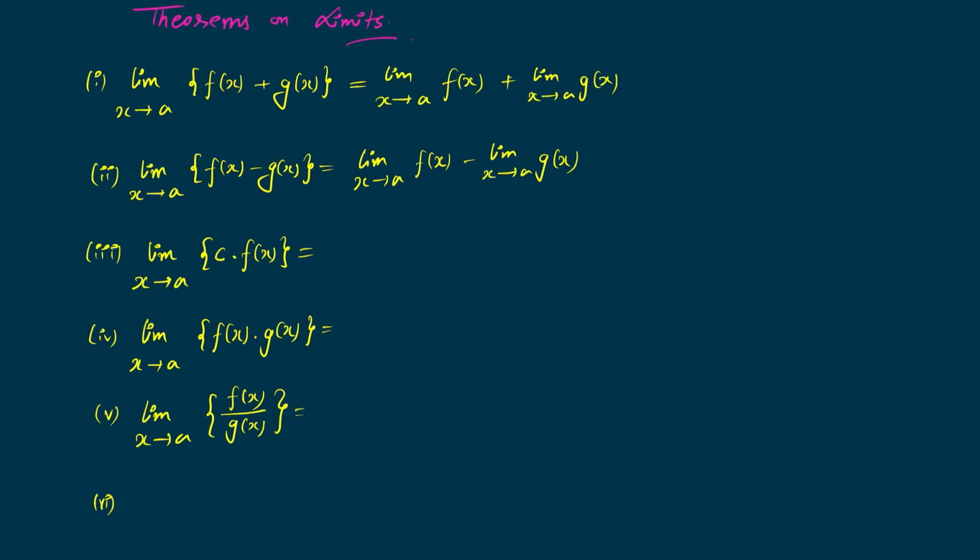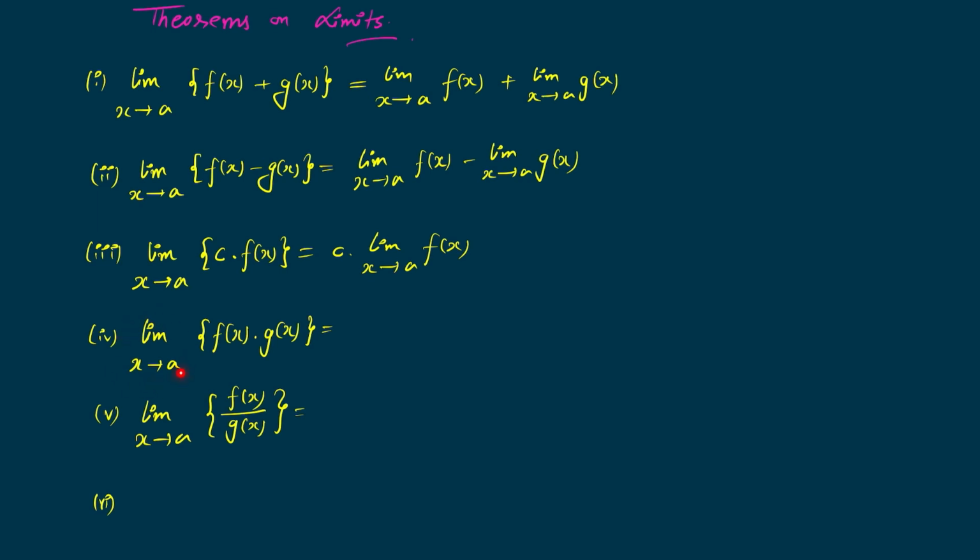So in this case we can take out c in front of that limit, and we can write c into limit extends to a f of x. So whenever there is a constant multiplying a function, we can take c outside the limit. Okay, so we need not do the limit on the constant.